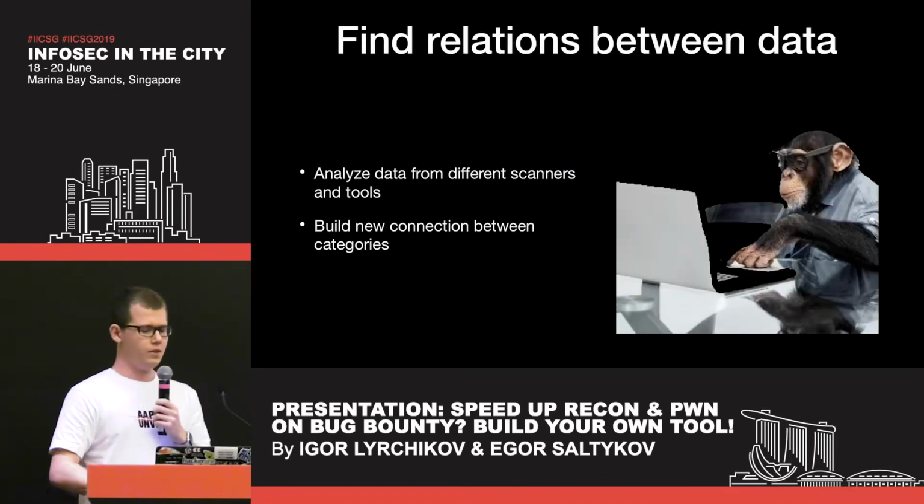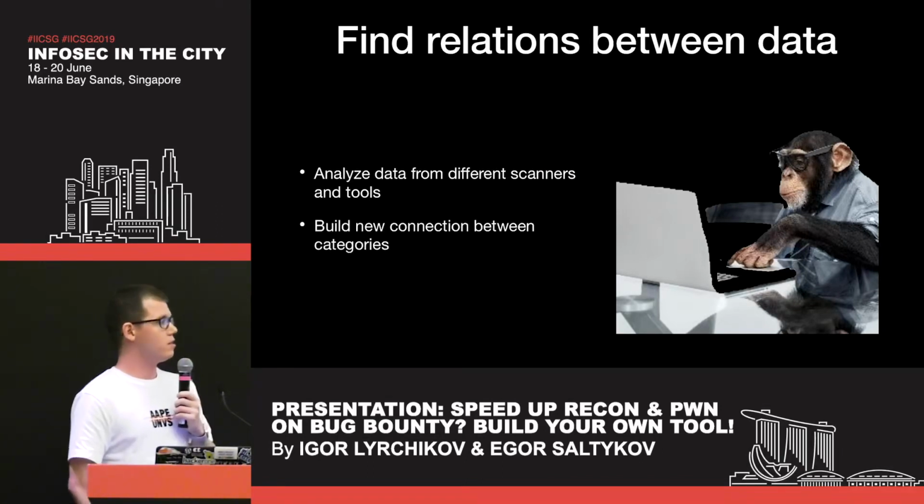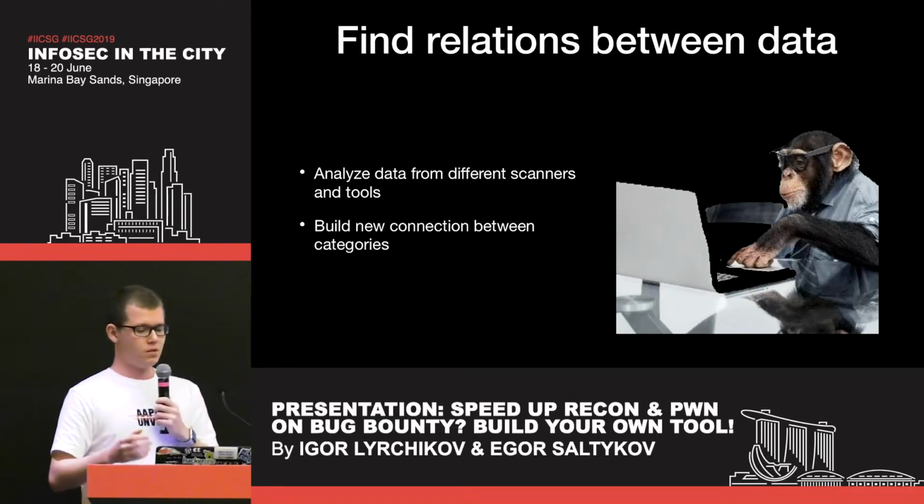Finding relations between data also matters, because on some IP addresses and some domains you can find the same functionality, and you have to filter it to save your time.